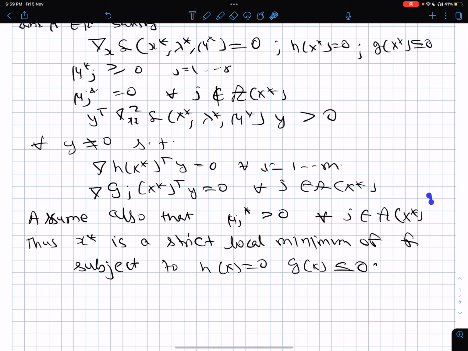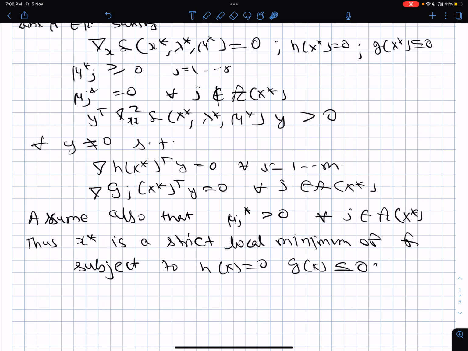Now we are saying what extra is needed for sufficiency. For x star to be a candidate for local optimal, all of the above has to be satisfied. Now, to say that it is indeed a local optimal, in fact a strict local optimal, what in addition we are saying in the sufficiency condition is that the Lagrange multipliers mu j star corresponding to the active inequality constraints should be strictly greater than 0.